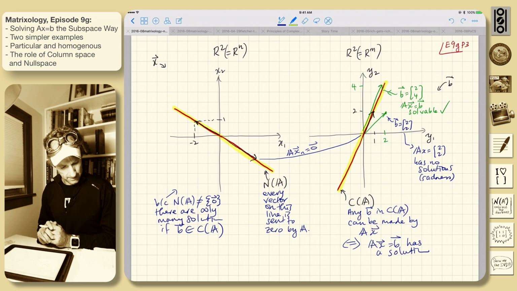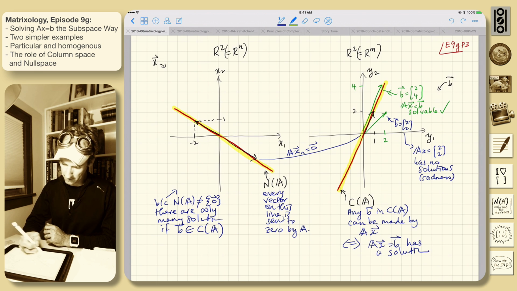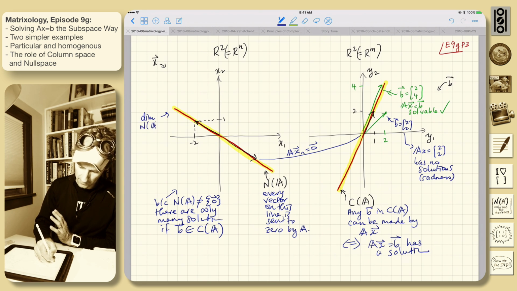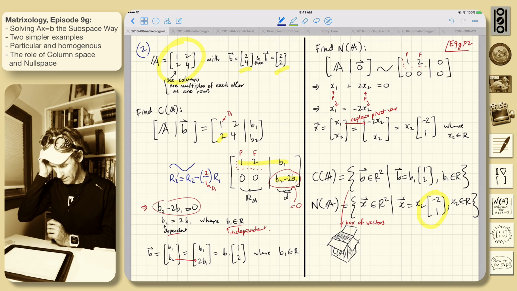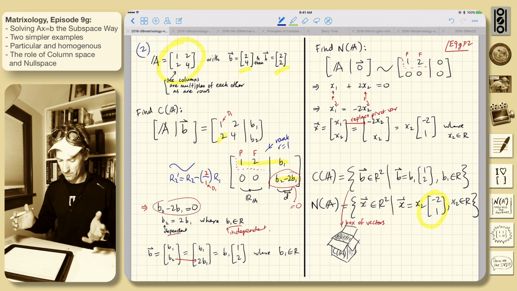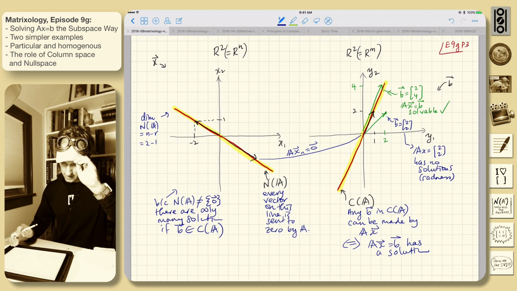Yeah. We're getting close. So again, the dimensions make sense. So the dimension of null space, at least, and this is to be revealed, equals n minus r, which in this case is 2 minus 1. This is a rank 1, rank r equals 1. There's one pivot column.